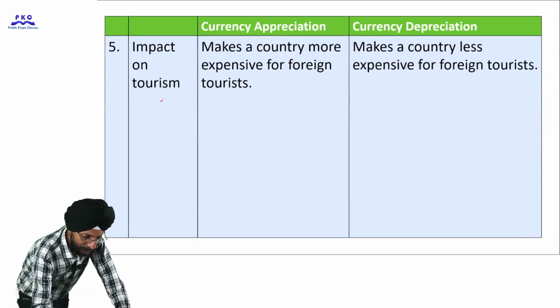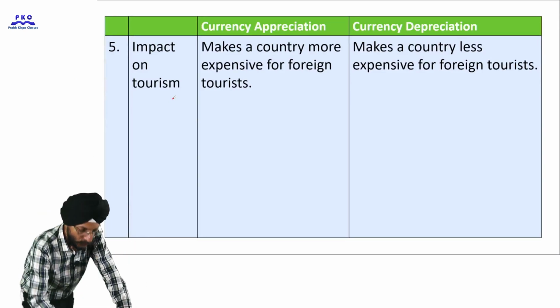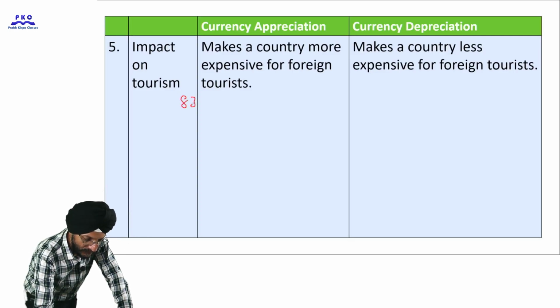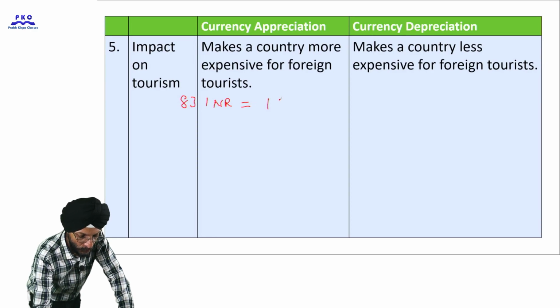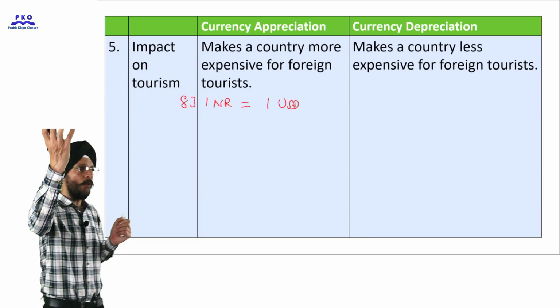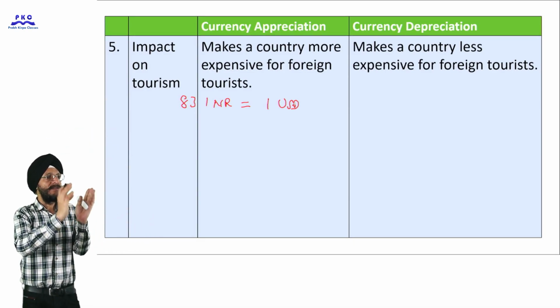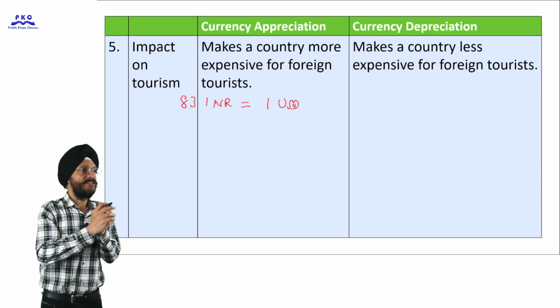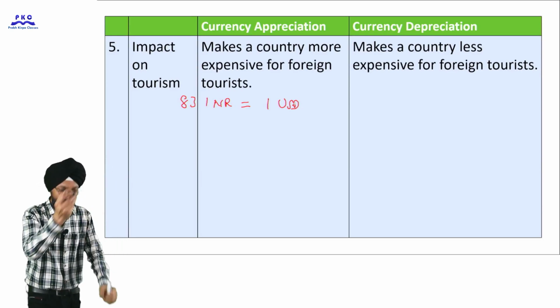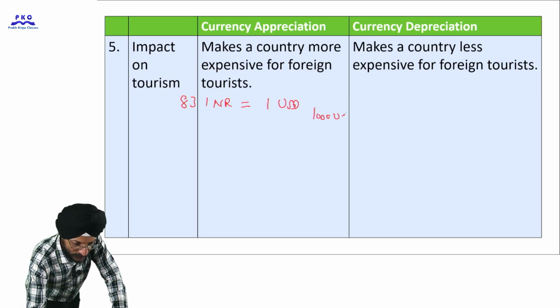Suppose at present we are living in India. At present, approximately 83 Indian rupees are equal to 1 US dollar. So if a foreigner decides to visit India, suppose he has a budget of 1000 US dollars.